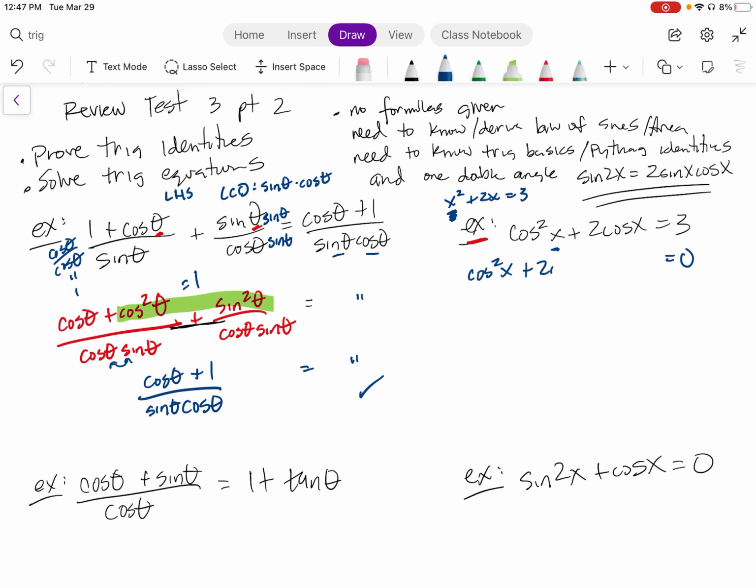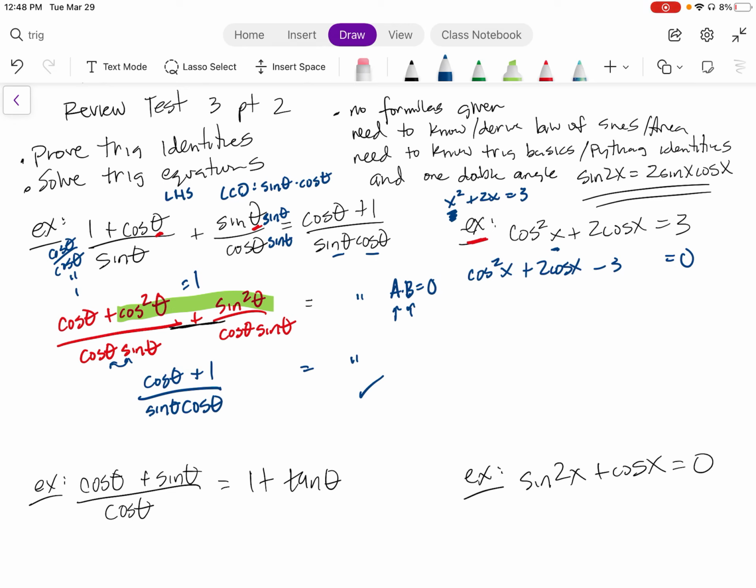Remember, the zero product property says when I multiply any two expressions, or numbers, and I have 0, one of them has to be 0, or both. That's your goal here.